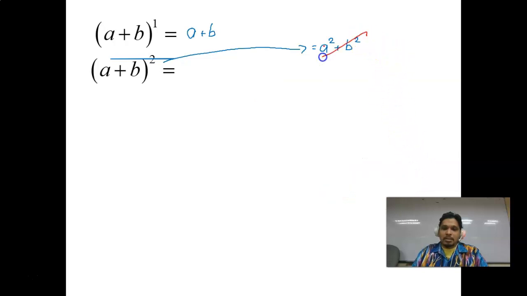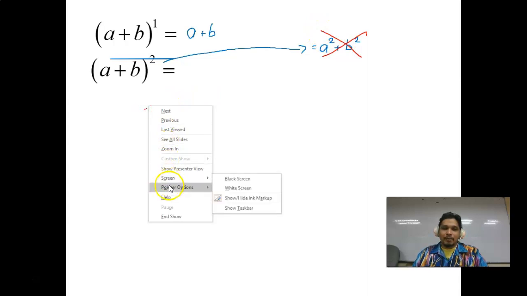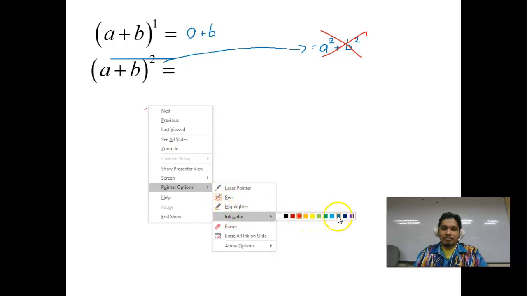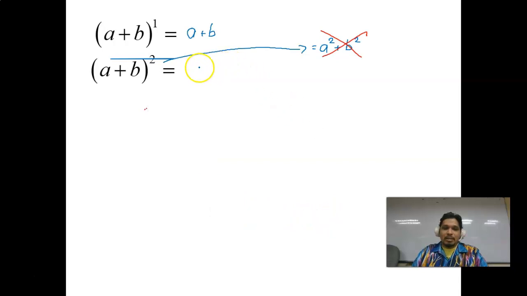This is incorrect. For a plus b in bracket square, it means the term of a plus b appears twice.